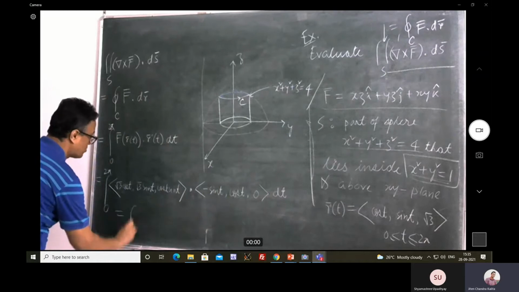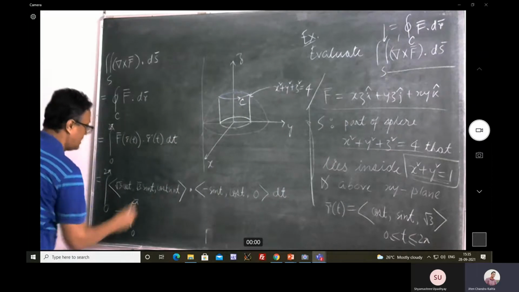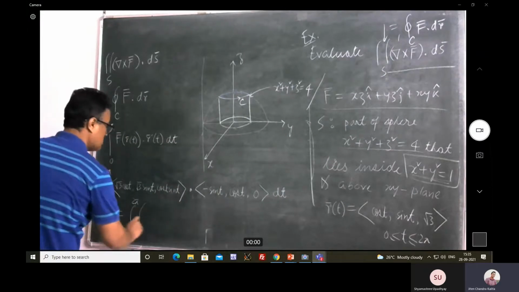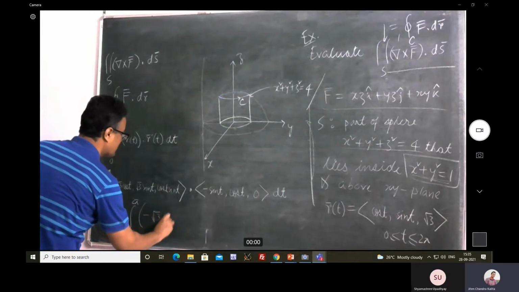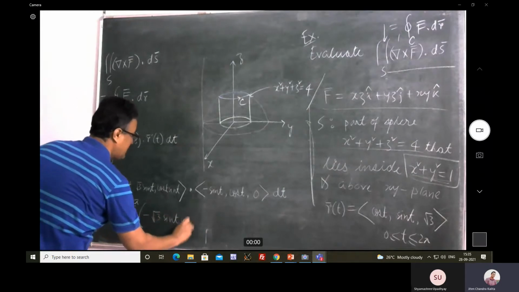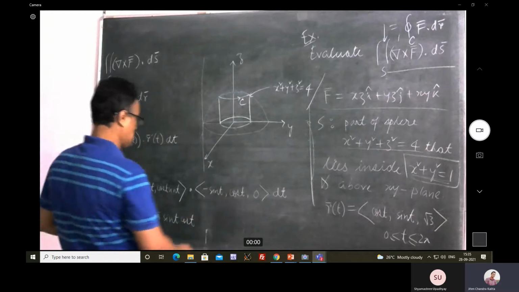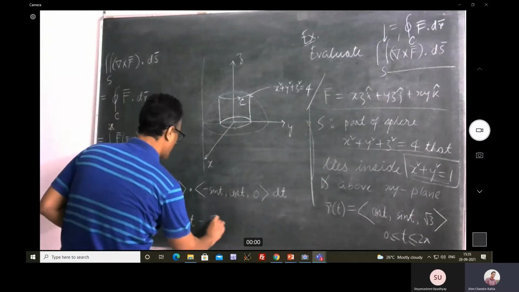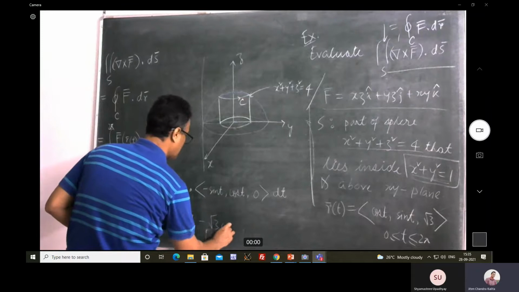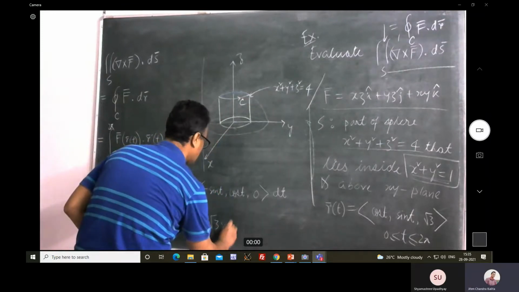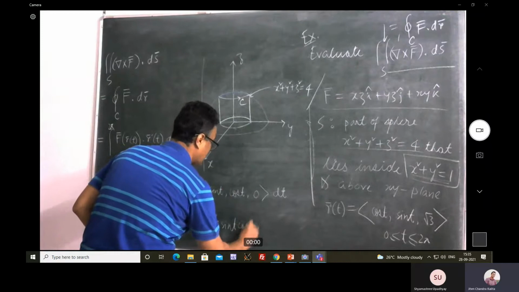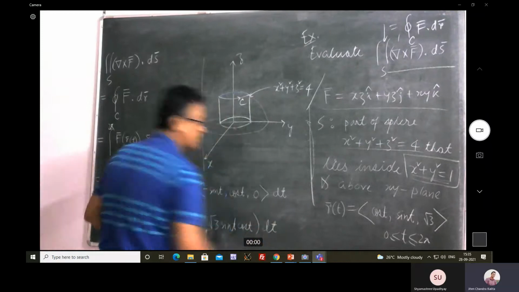So this is eventually going to give you minus square root 3 sin t cos t minus again square root 3, like this thing, dt.